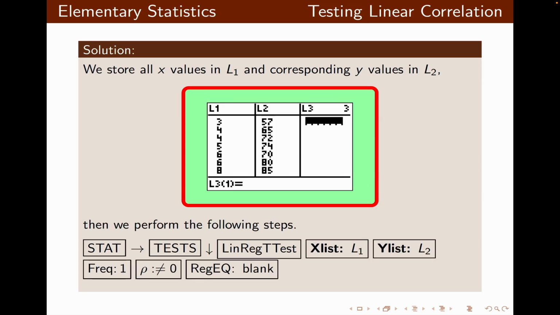Then we're going to go to STAT, TESTS, and arrow down to LinRegTTest, where Xlist is L1, Ylist is L2, frequency is 1, and we choose rho not equal to 0, and we also make sure that the regression equation option is blank.